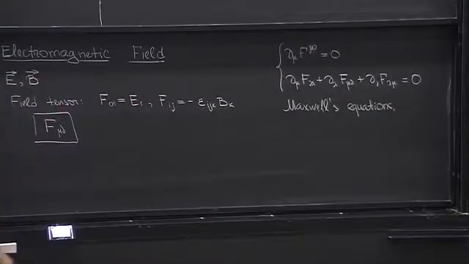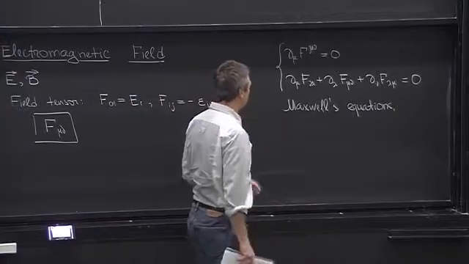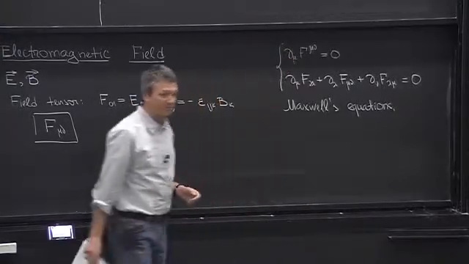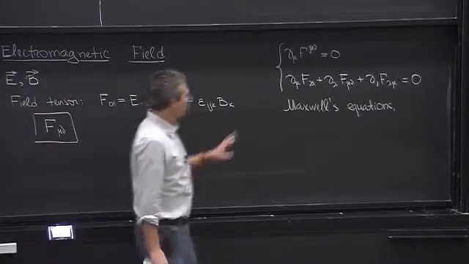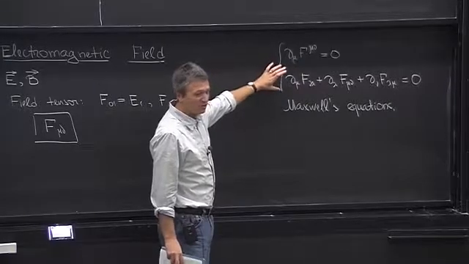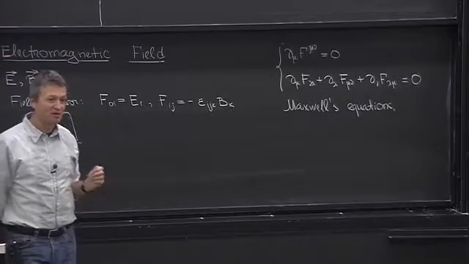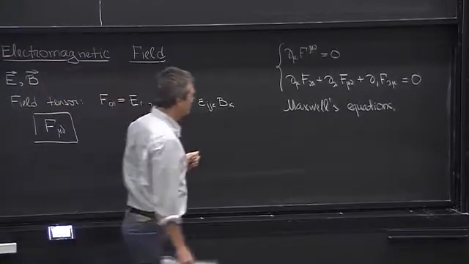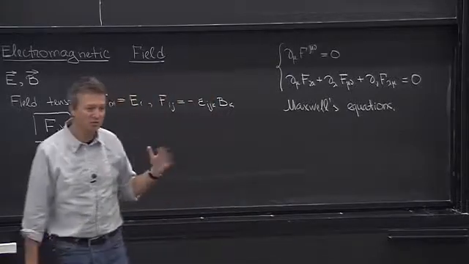And we want to quantize them. So we'll proceed in our usual fashion. We'll find a general solution to these equations, and then interpret partial waves as creation or annihilation operators. But here there is one subtlety that we have to discuss before going on with solving the equations.